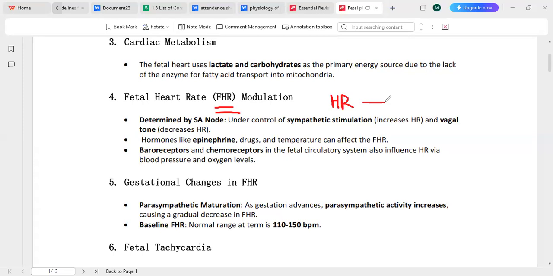We know how we can get the heart rate. The first is the device which is mostly in your hand during practice. We call it Sonicaid or Sonic Aid, so you can get a good number of beats from a fetus. The other thing we use is the cardiotocography machine.